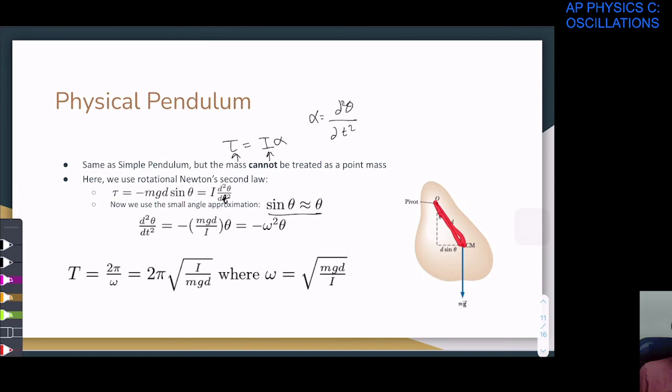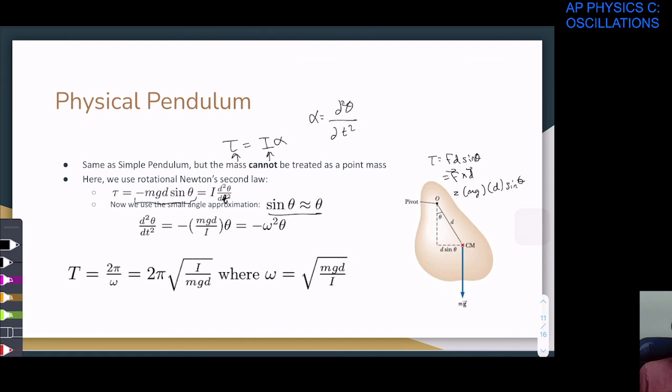If you remember, our equation for torque is tau equals F times d times sine theta, or the same thing as F cross d. So we have F, which is mg, and we have d, which is our distance away, and we get sine theta. So that's our torque.